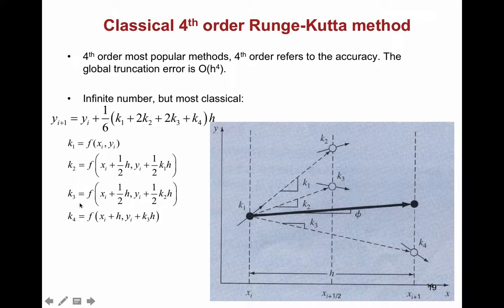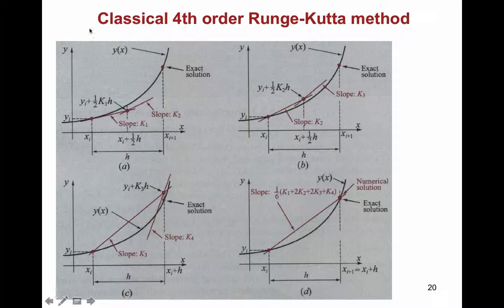And then I take this k3 slope for the entire step h, and that's my slope k4. And then the final slope that I actually use is a weighted sum of these 4: 1/6 of k1, 2/6 of k2, 2/6 of k3, and 1/6 of k4. That's a weighted sum. The sum of these weights is 1. Okay, let's see how that works geometrically.